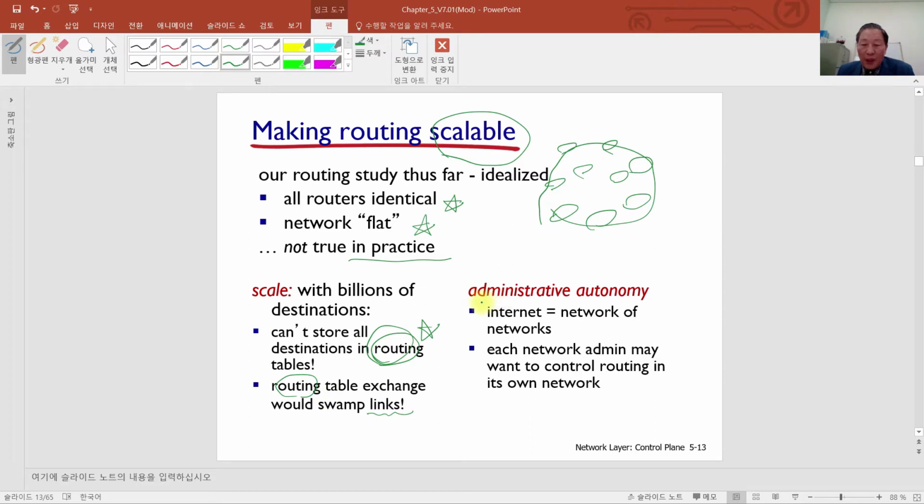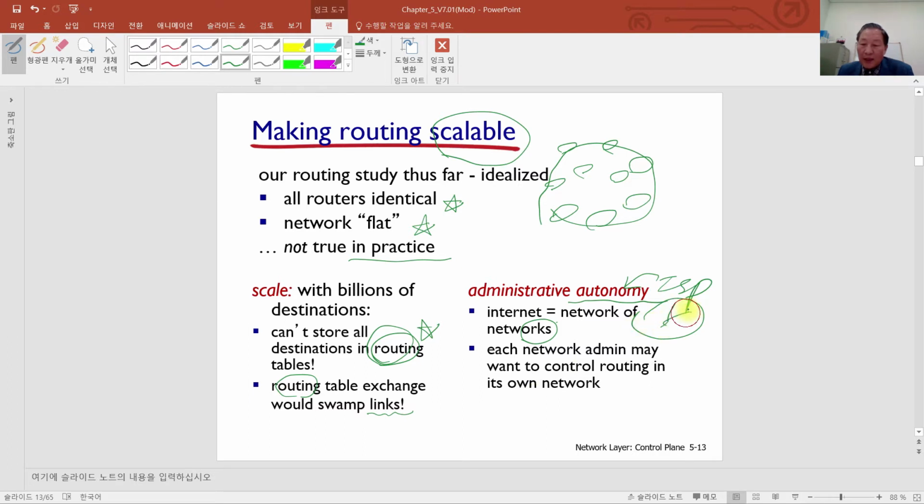And also there should be administrative autonomy. The internet, as we learned already, is a network of networks. These networks are heterogeneous, meaning complex and complicated. In terms of administration, we should have some administrative autonomy in a certain section by a certain internet service provider. Each network administrator may want to control routing in its own network.